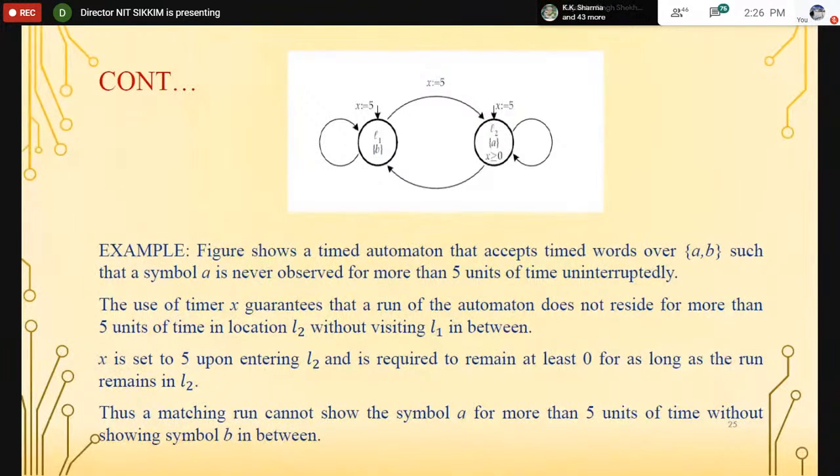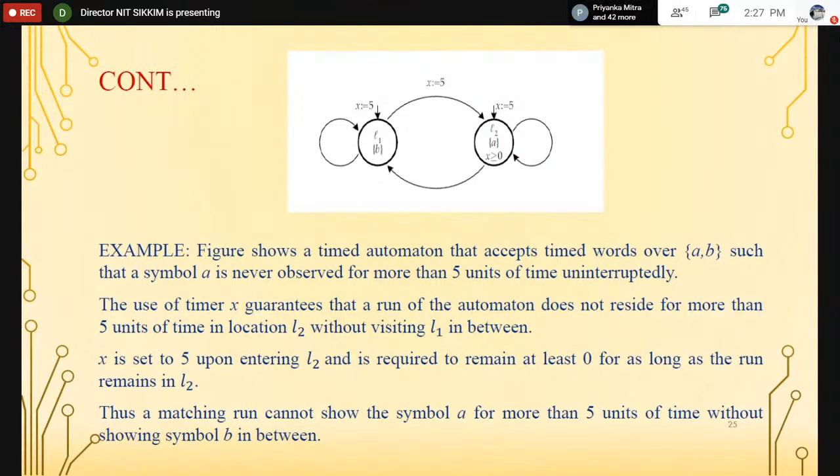When you are in L2, you have to generate some strings or propositions which are part of your set A, comma B. So we say this symbol A, when your automaton is in location L2, it can reside in L2 at most 5 times, 5 minutes or 5 seconds. So the value of X is greater than or equal to 0 and cannot be more than that, because X, the maximum value, is assigned 0.